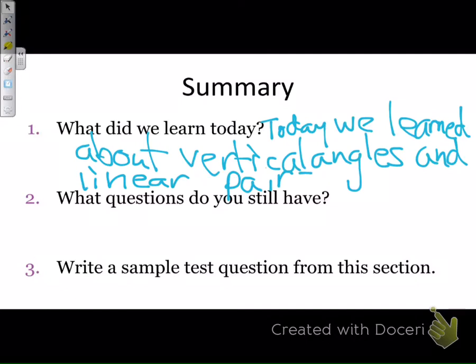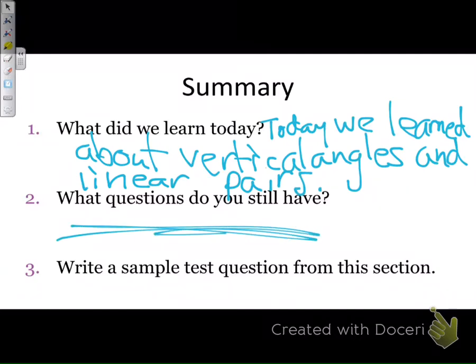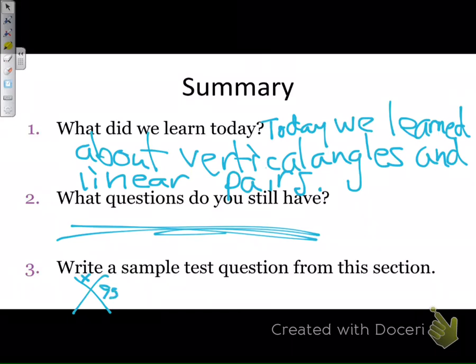Put what questions you have here, and then a sample test question from this section. So that could be x and then 95, and you have to solve for x.